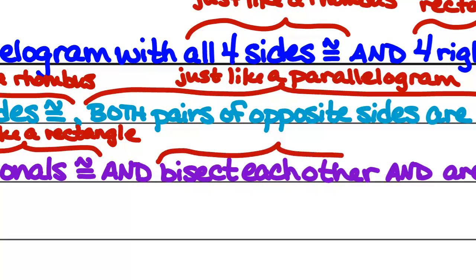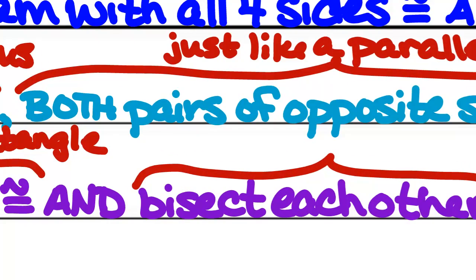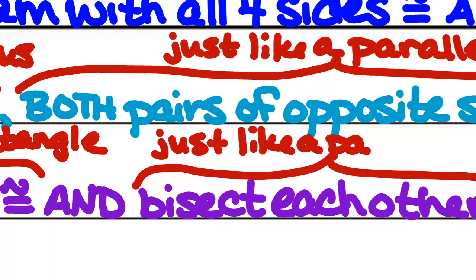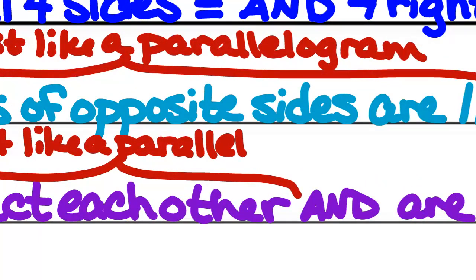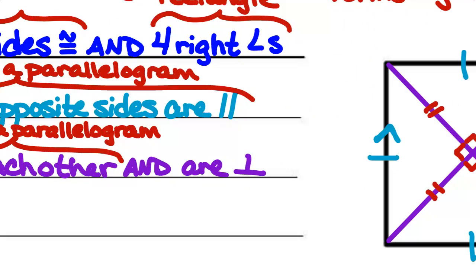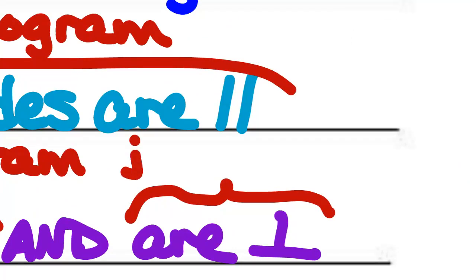They bisect each other, just like a parallelogram. And they are perpendicular to each other, just like a rhombus.